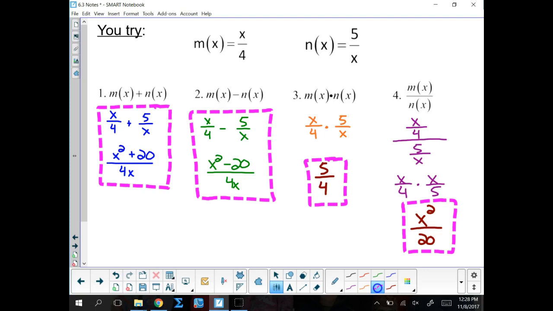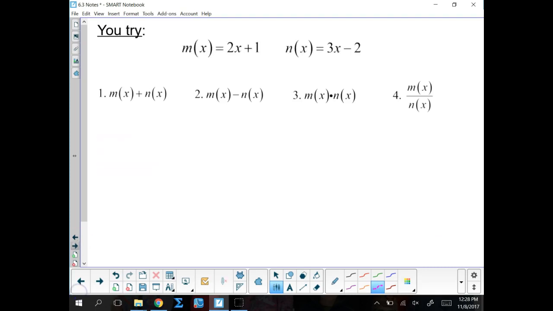Yes? Do you have to put the denominator then for that one, after the divide sign or the bottom fraction? Yep. Have to. Good? Try that one.